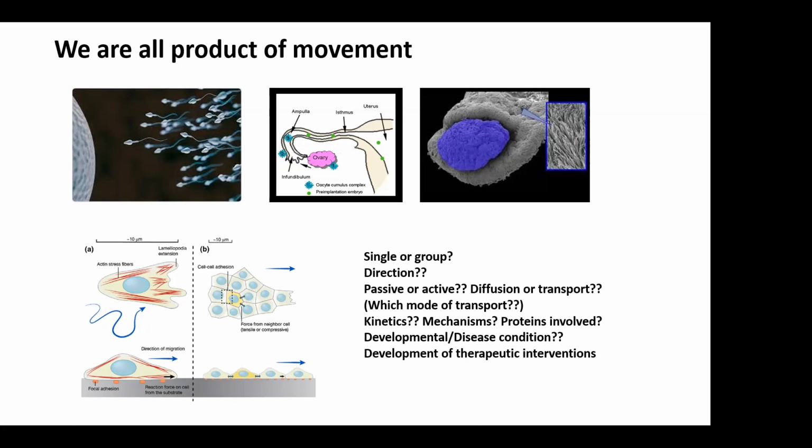This direction is helped by multiple signals, what we call cell signaling cascade, a traffic light, in other words. Or one way could be passive diffusion, but most of the time it is active transport which happens.